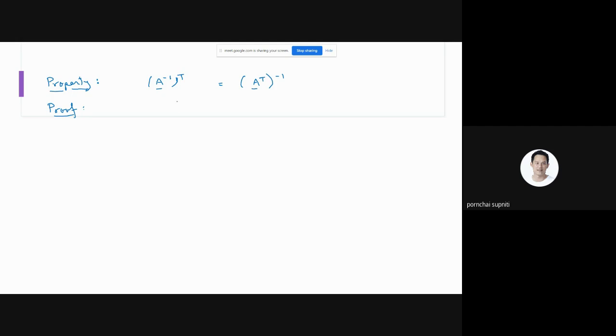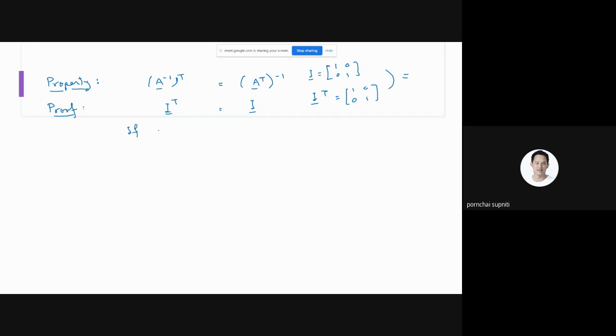First I'm going to start from the property that an identity matrix, if you transpose it, you get itself. For example, if the identity matrix is 1, 0, 0, 1, and you do a transpose, you get 1, 0, 0, 1. So these two are equal.